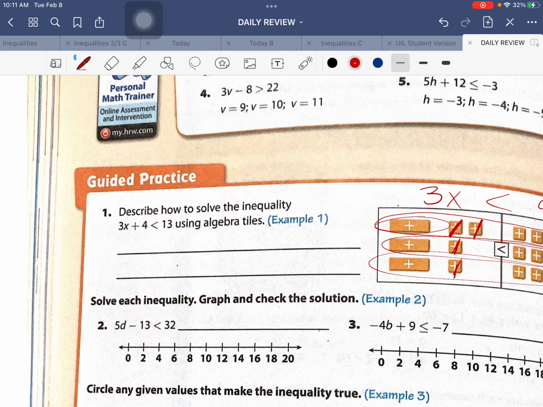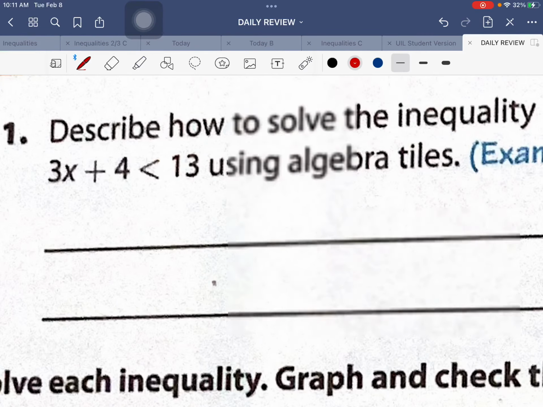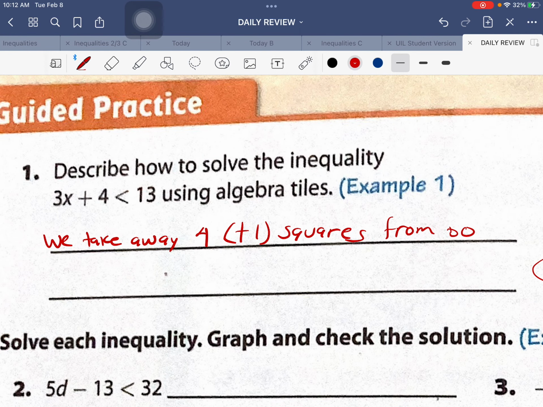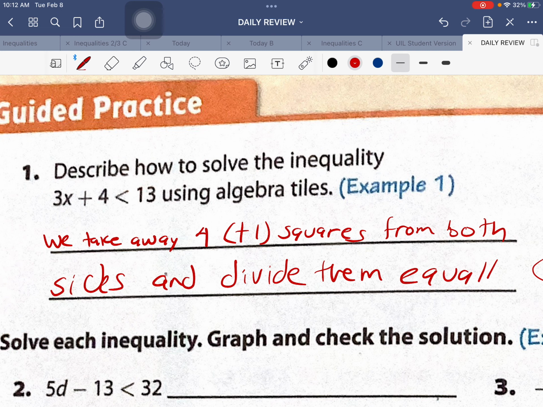Describe how to solve the inequality. We take away four squares from both sides and divide them equally by 3.